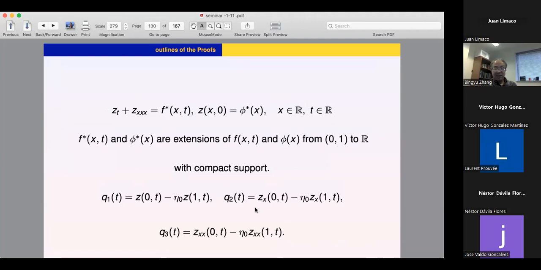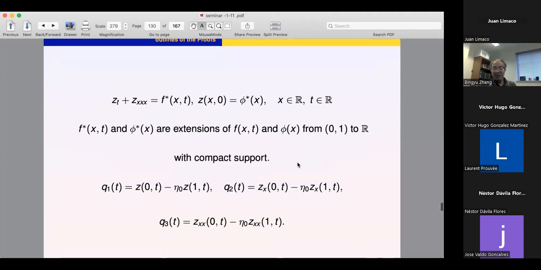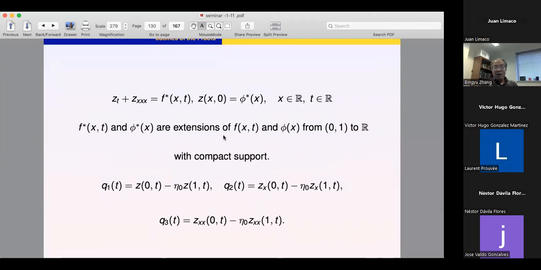Here we consider z_t plus z_xxx equals f star, with initial data phi star. The f star and the phi star are extensions of f and phi from the finite interval (0, 1) to R, with compact support. With compact support, this is important too. And of course, we put the f star here, phi star here.